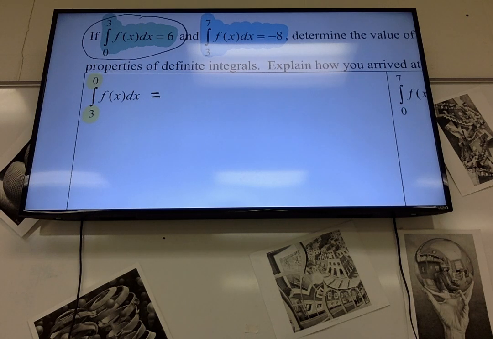So how do I show that? Yes. Now I'm going to write it out the long way just so we don't lose it, but that's exactly right. So from 3 to 0 of f of x is the same as the negative from 0 to 3 of f of x, which, like you said, would be negative 6.